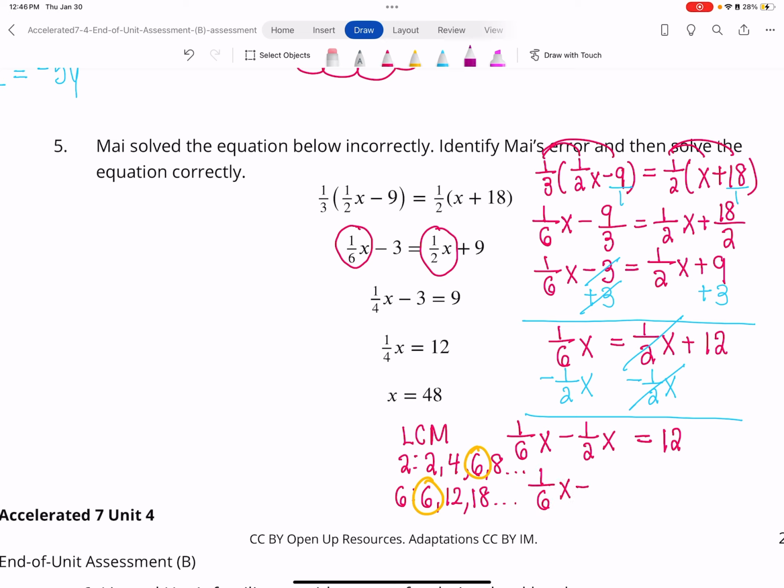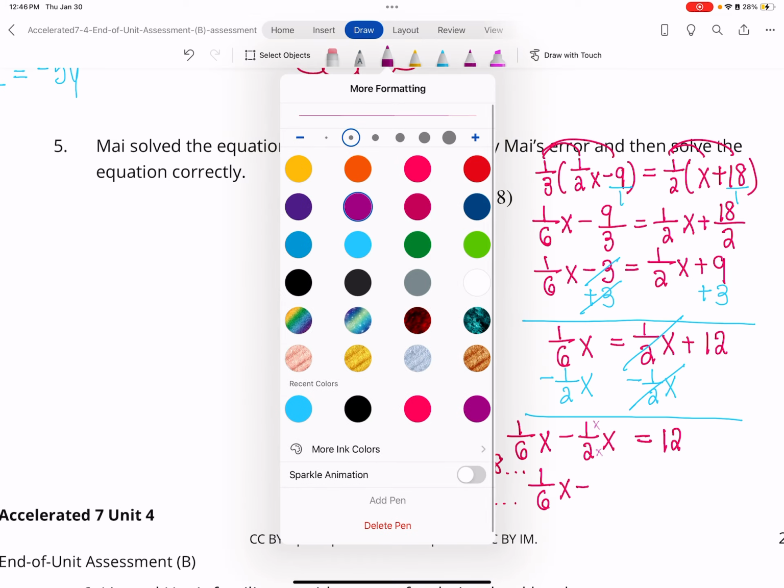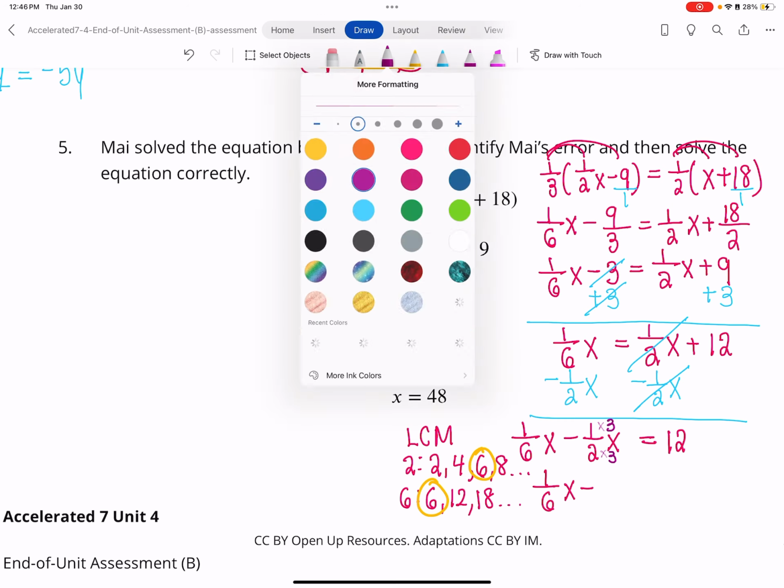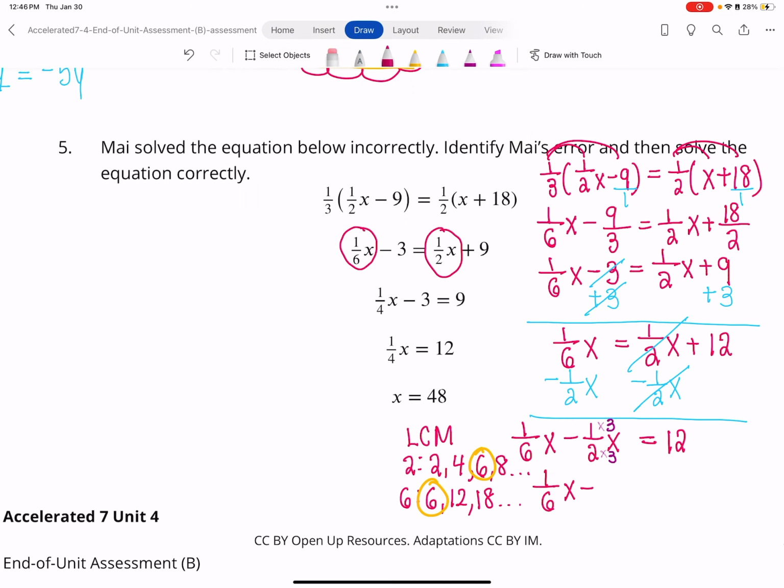And what I'm going to do is multiply both the numerator and denominator of 1/2 by 3 so that I can get my like denominator of 6 on the bottom. And my numerator is going to be 3/3. So we have 3/6x is equal to 12.